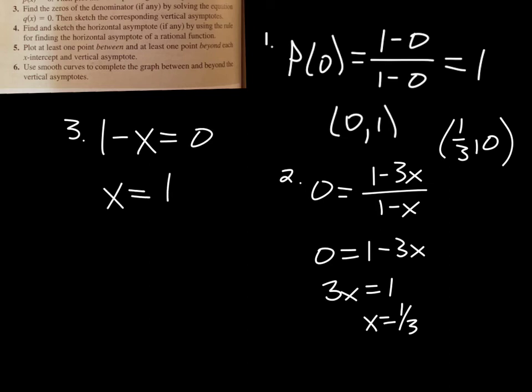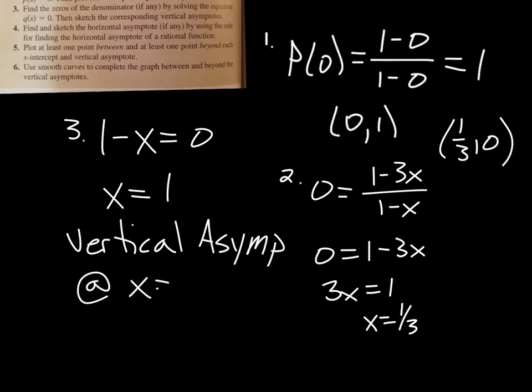So then we have a vertical asymptote at x equals 1. Okay, and I think I'll just plot all this out at the end.